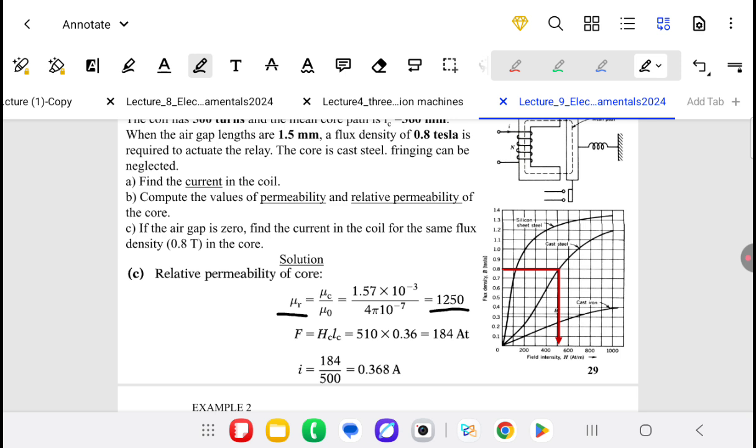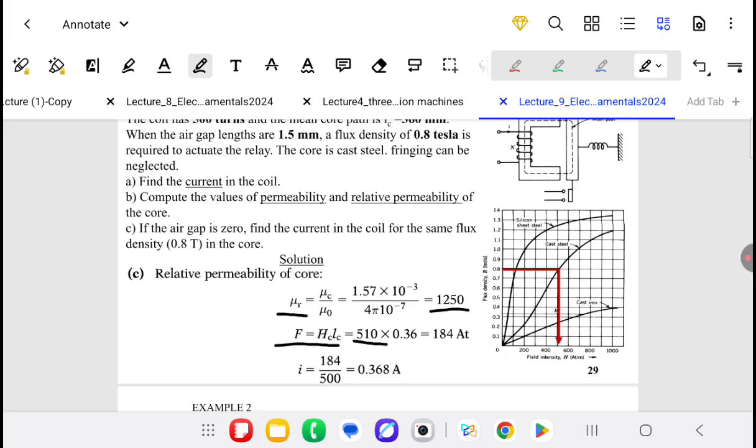For the last part, we need to get H of the core only, as there will be no air gaps, since attraction happens between the movable and fixed parts. Then the magnetomotive force F equals H core times L core.